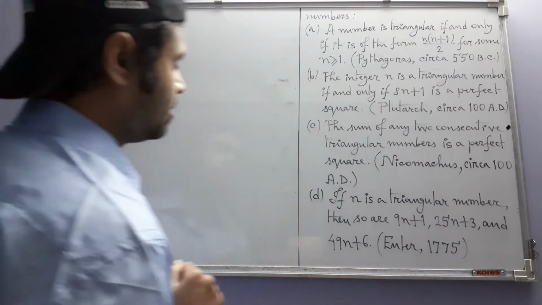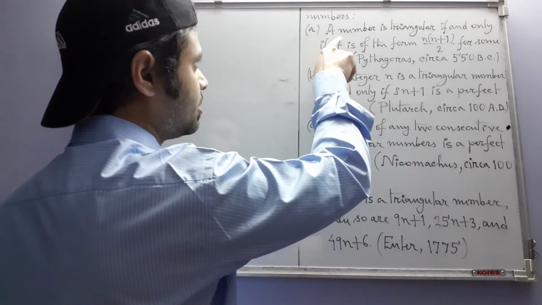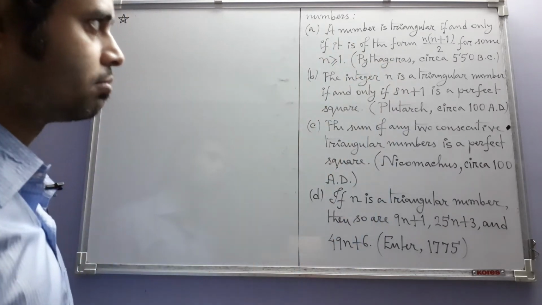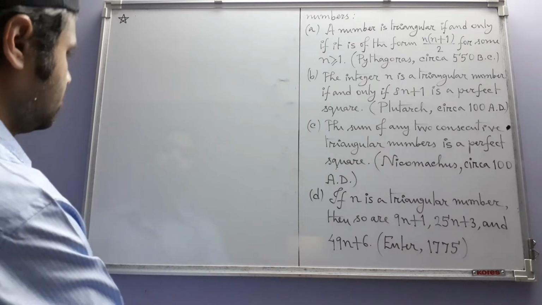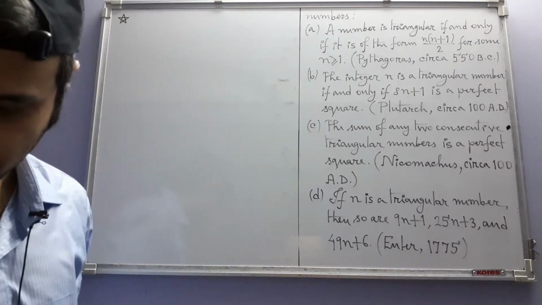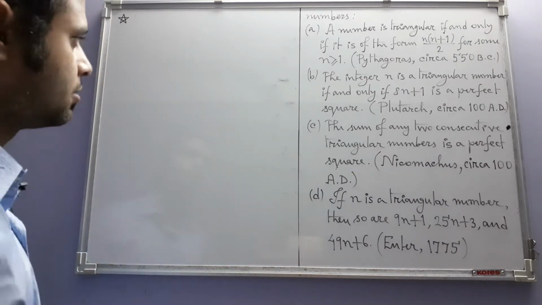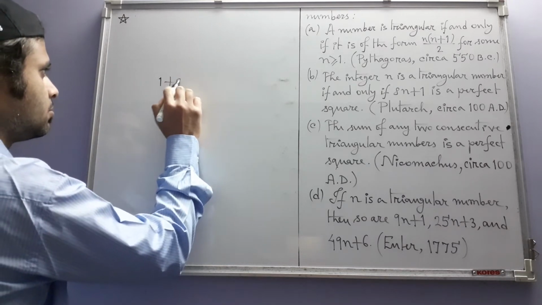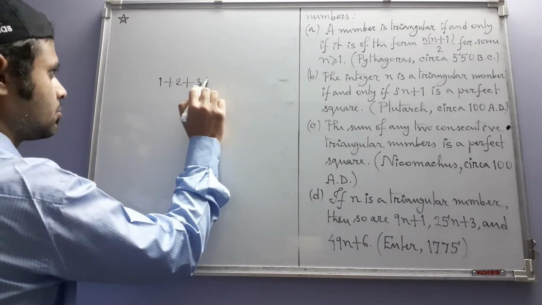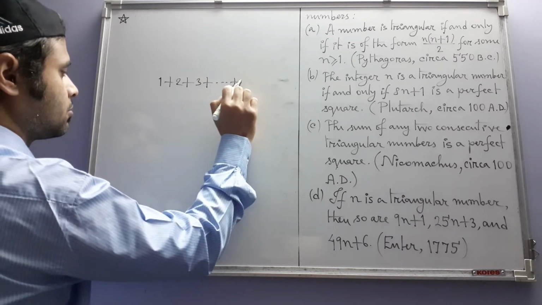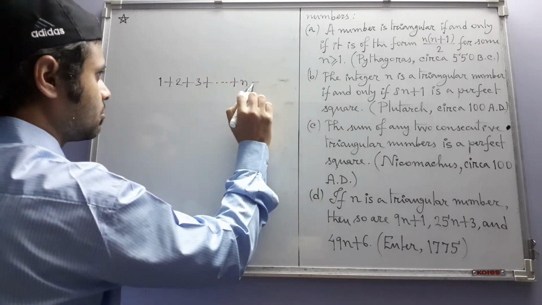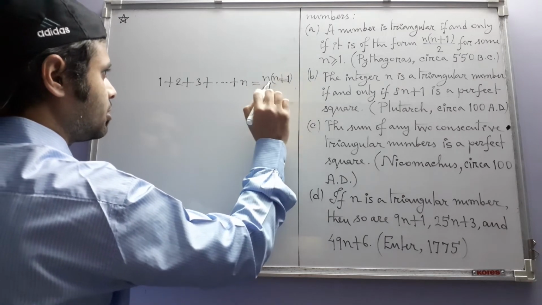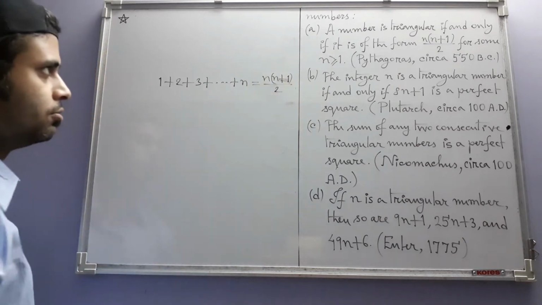Okay, now in the first one we have to prove that a number is triangular if and only if it is of this form, and this is nothing but the familiar formula, which we have already proved.